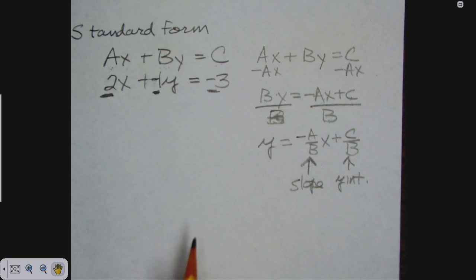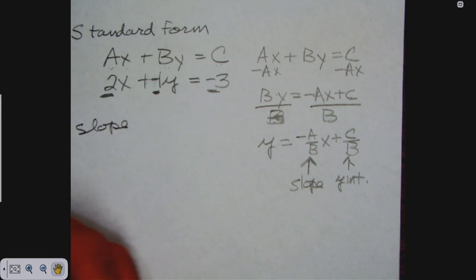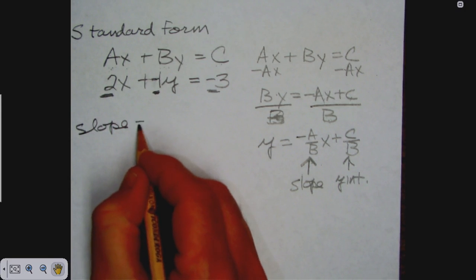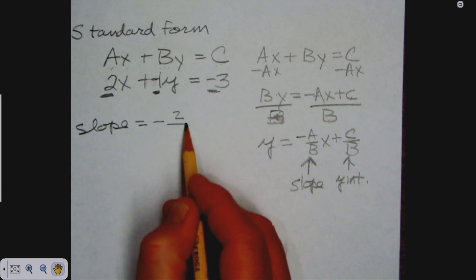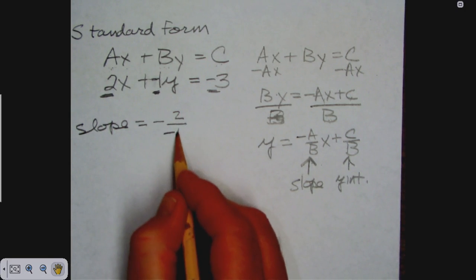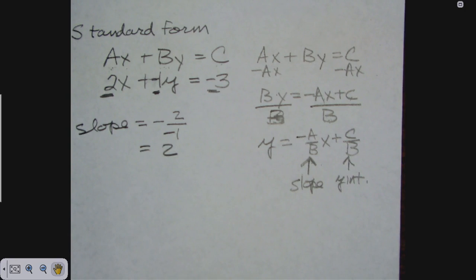So we know the slope is going to be the opposite of A, which is 2, over B, which is negative 1, or that's equal to 2. So the slope is going to be 2.